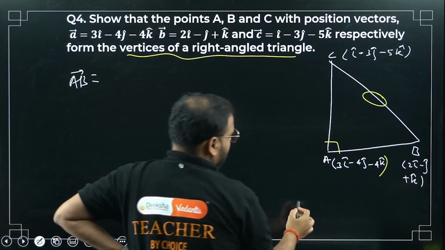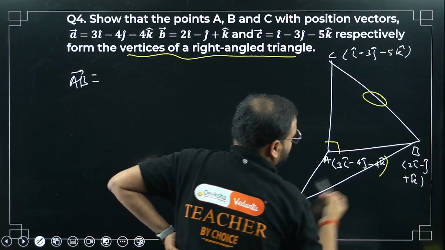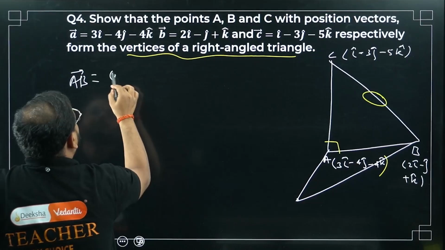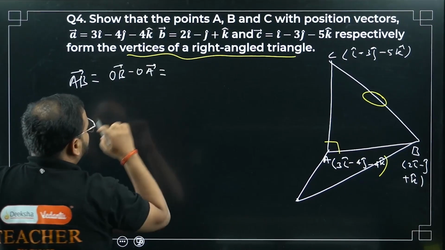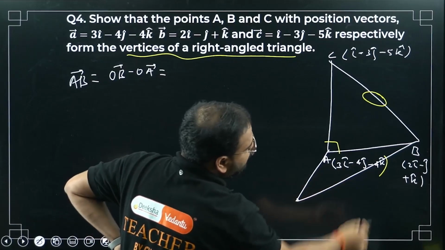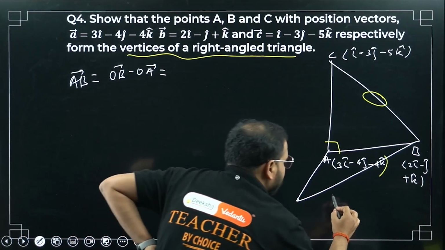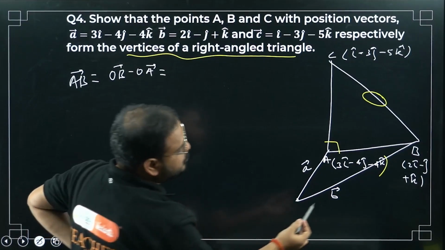Let's say this point over here is O. How will you find vector AB? It will become vector OB minus OA. What is OB? 2i cap minus j cap plus k cap. This is vector B, and this is vector A. Now do the subtraction.